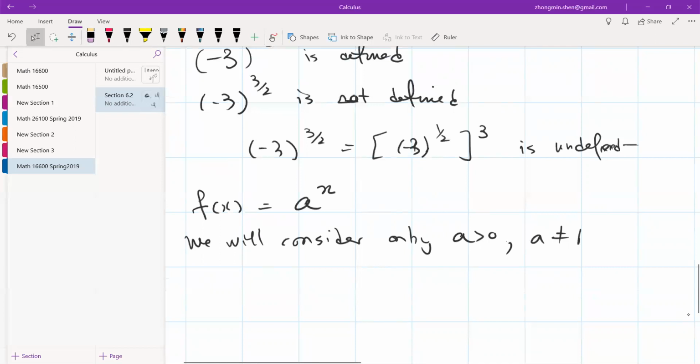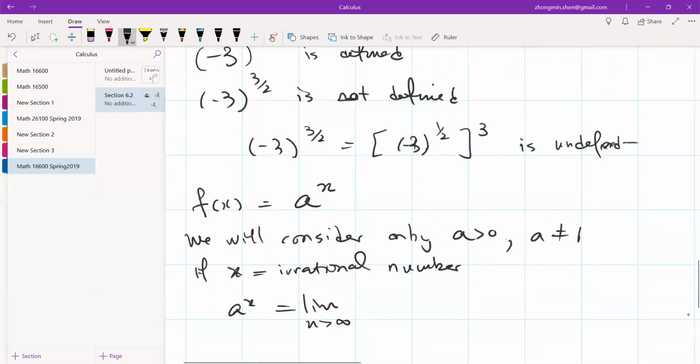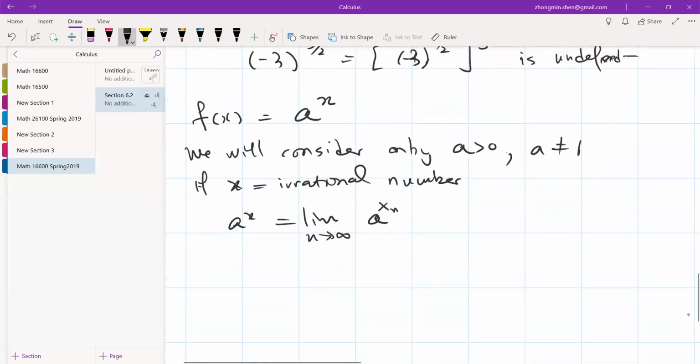If x is an irrational number, then a to the x is going to be the limit as n approaches infinity of a to the x_n, where you take a sequence x_n of rational numbers approaching x.